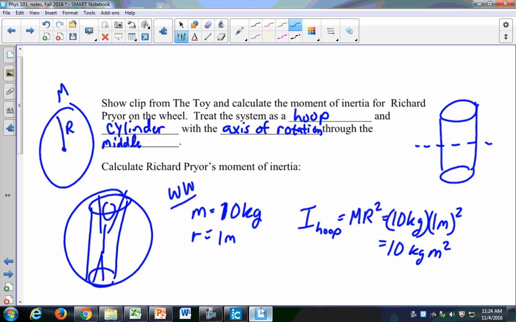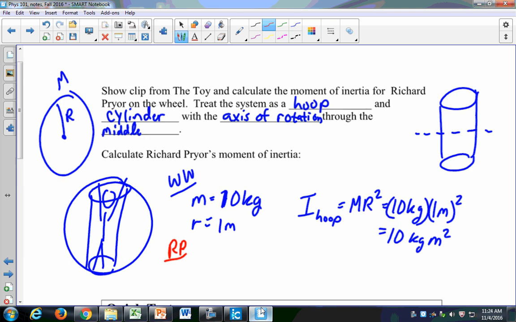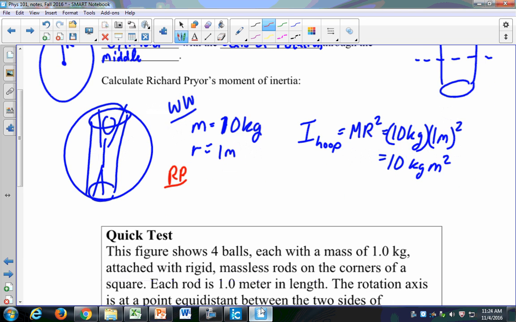Now, I also want you to calculate Richard Pryor's moment of inertia. We'll say that he has a mass of 100 kilograms. And if you look on your table for that cylinder, you need to know not only the mass, you also need to know the length.